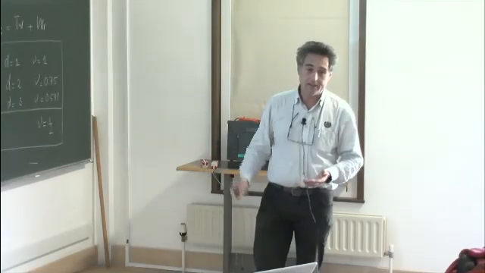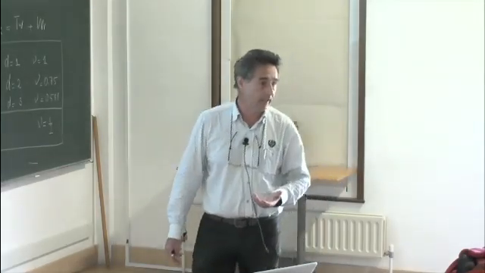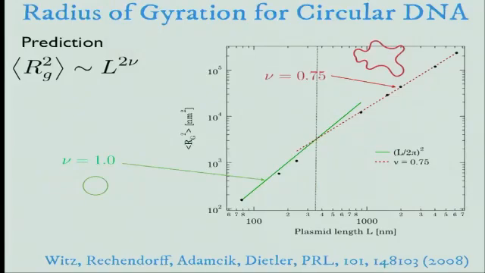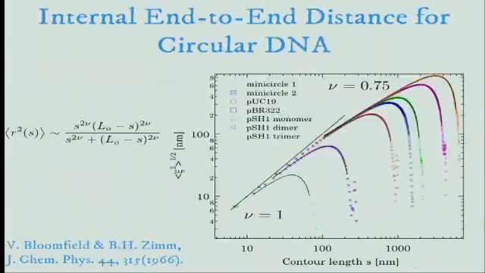Where it does this transition is exactly at the persistence length, because above this length, the polymer behaves more and more as a flexible polymer. Then for this circular DNA, we can also measure the internal end-to-end distance, which has this shape here, because when you make one complete tour, you are back at the beginning, so it will have a shape like this.